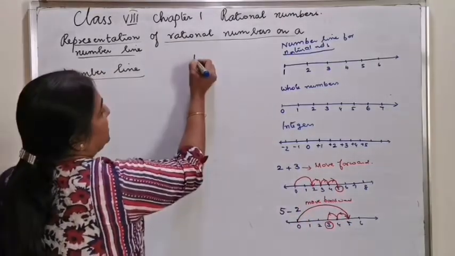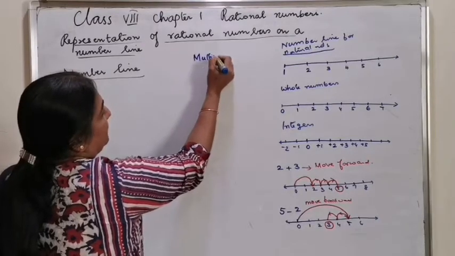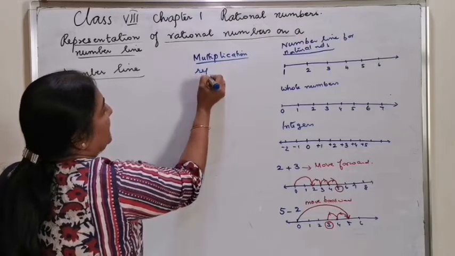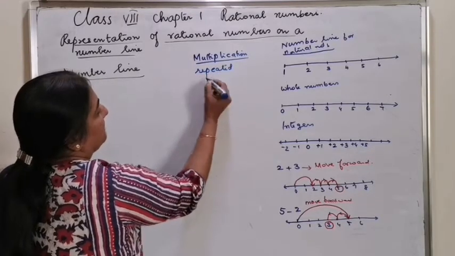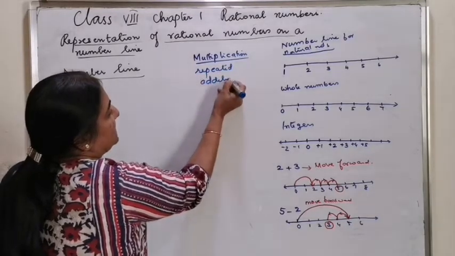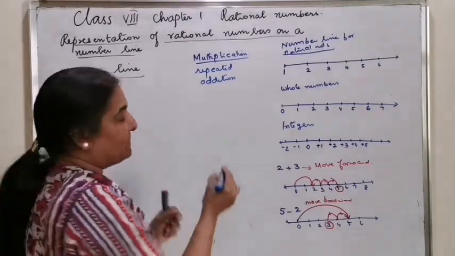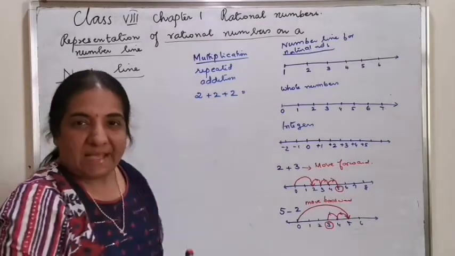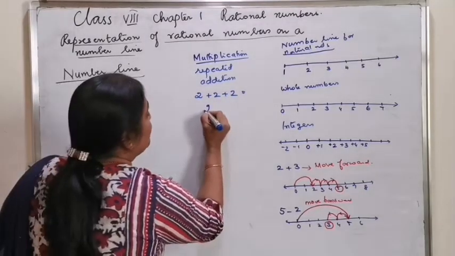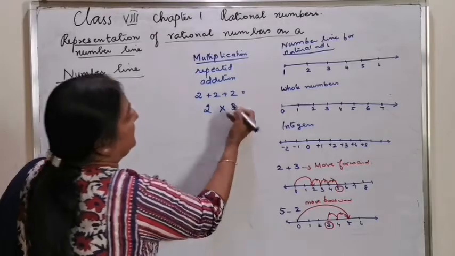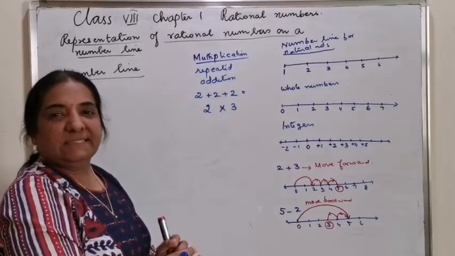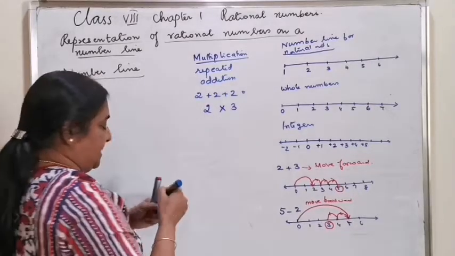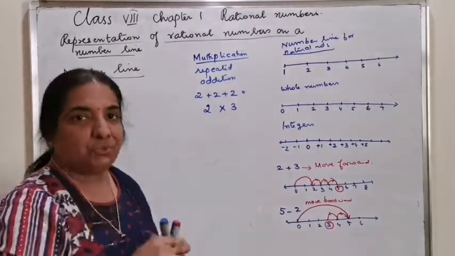In the same way, how do you multiply? Multiplication is related to repeated addition. That means 2 plus 2 plus 2 is the same as 2 repeated 3 times. That is the concept. So if you want to get 2 into 3, you can work it out in 2 ways.